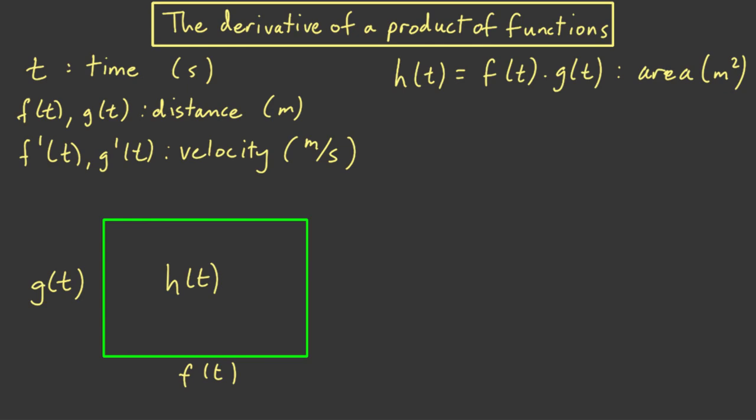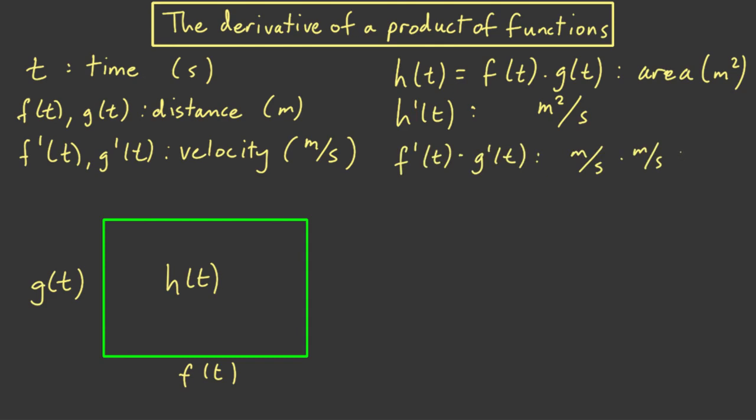Now h's output was meters squared, its input is seconds, and so we know that h prime has to be measured in meters squared per second. However, f prime times g prime is meters per second times meters per second, which is meters squared per second squared. And we notice that these two things don't match.